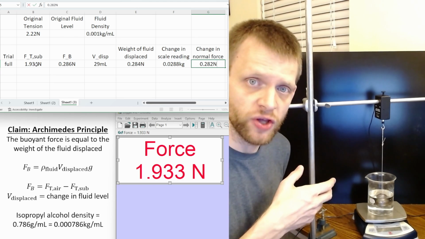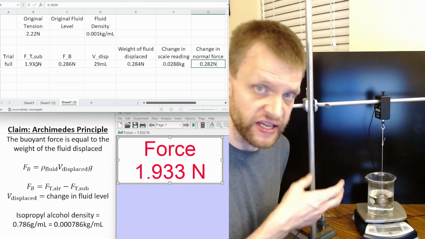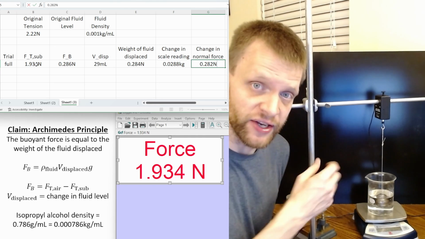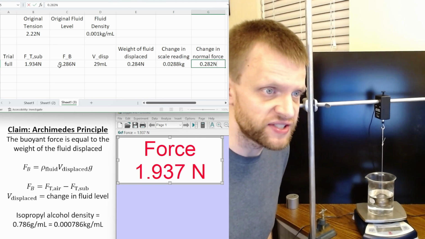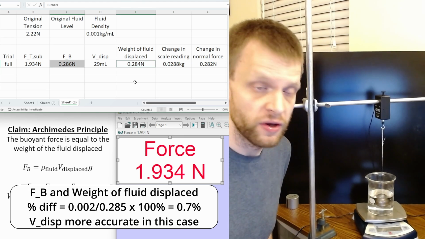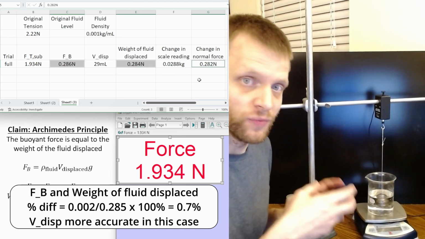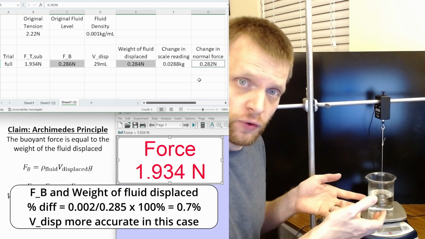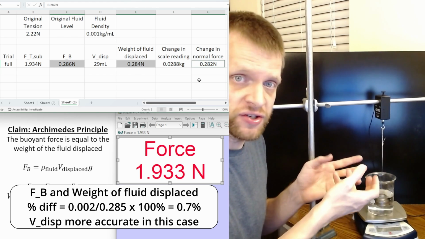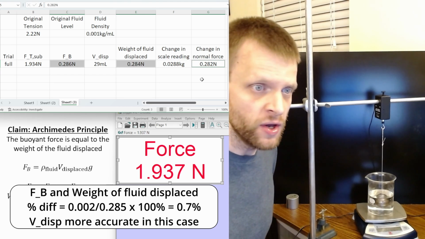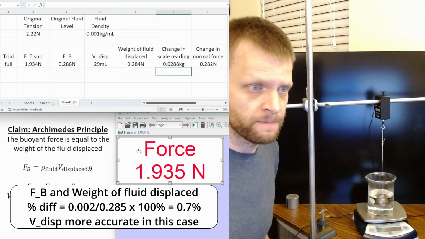Once again, even though we have a different shaped object, a sphere instead of a cylinder, and a different kind of material, iron instead of aluminum, we still get the buoyant force matching the weight of the fluid displaced and this change in the normal force. Once again, the buoyant force is the fluid pushing up on the object, and the object is pushing down on the fluid an equal amount. We get all of those matching.